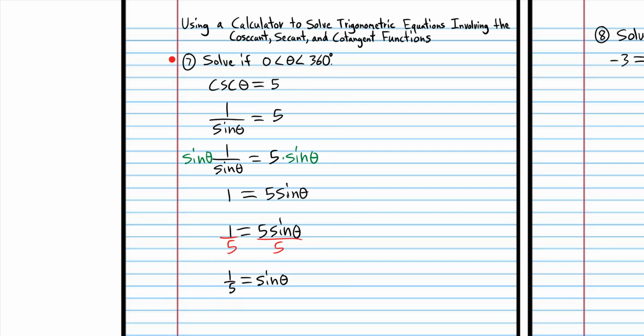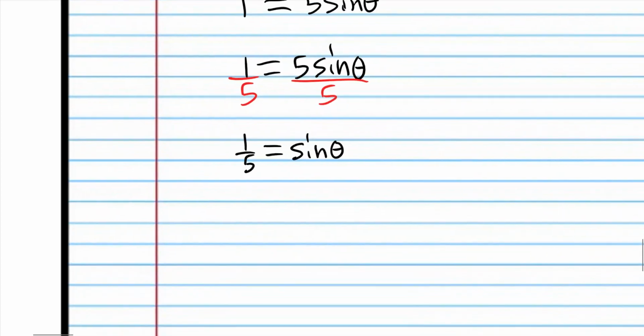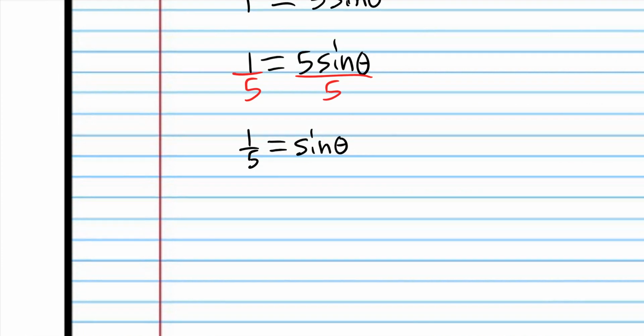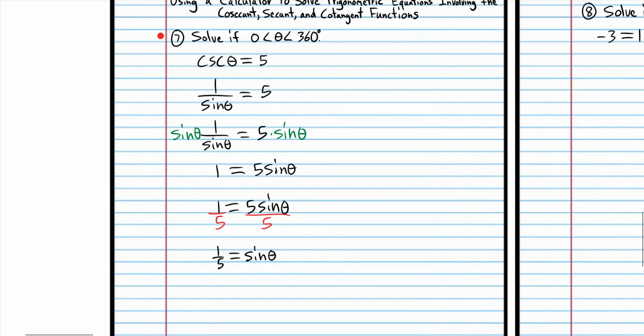If secant is equal to something over something, then you just flip it to find cosine, and back and forth, back and forth. So again, you don't have to show any of this. But students do get kind of confused, so we're going to show how to do that in the first couple problems.